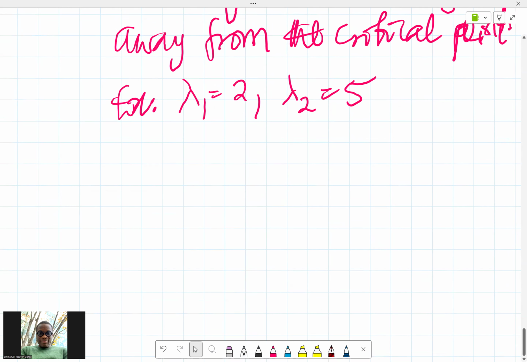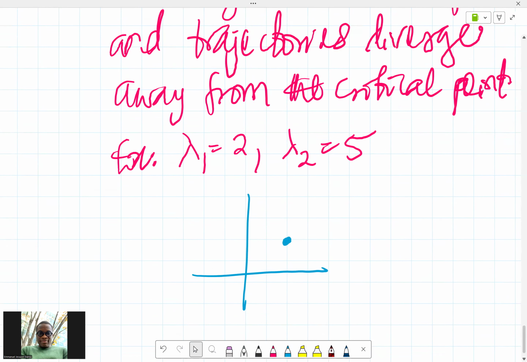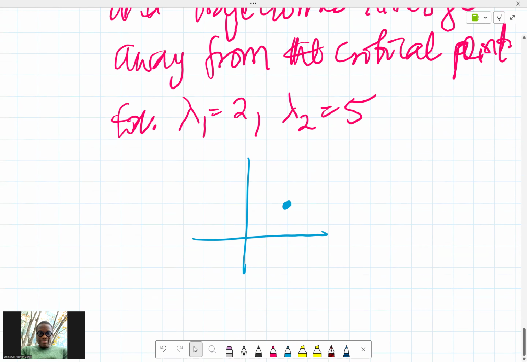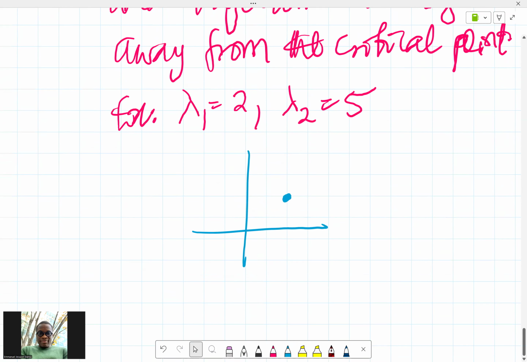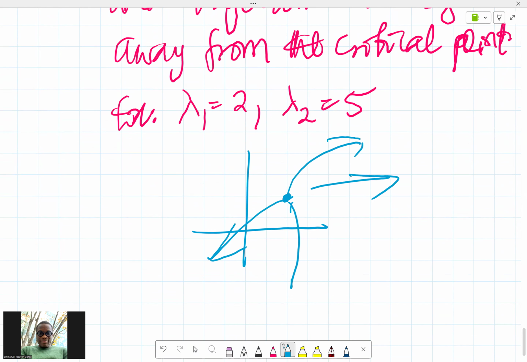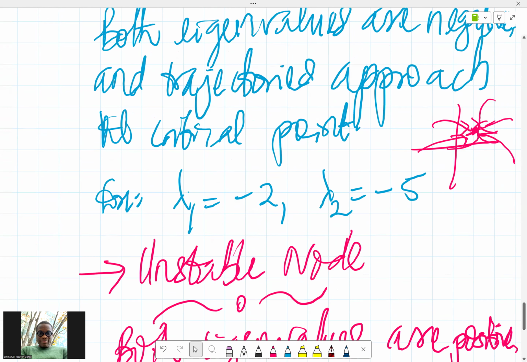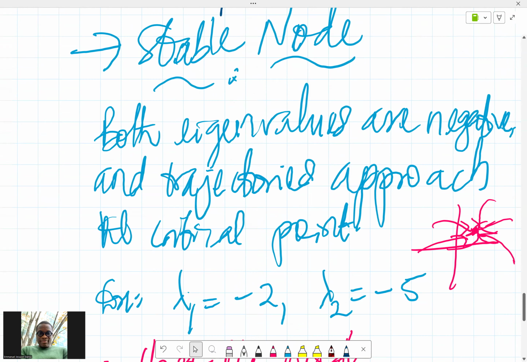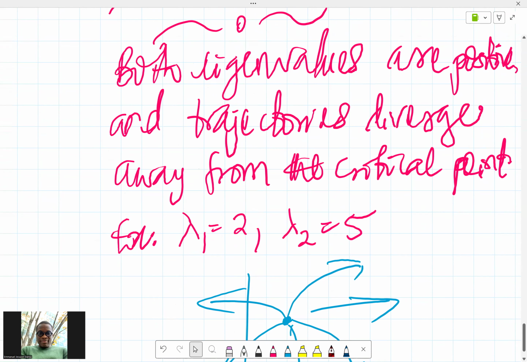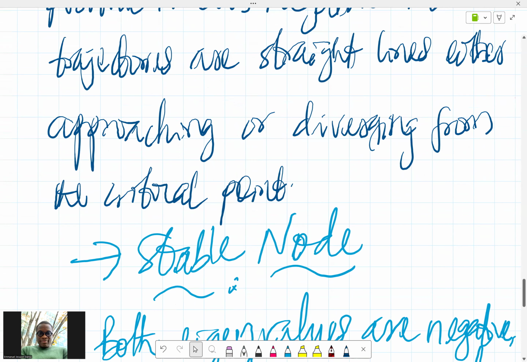Because those are positive, trajectories diverge away from the critical point, so there's no stability. In mathematical terms, something approaches infinity, whereas in the stable case it goes to zero, because everything is moving into that point. So that's when we talk about a node.